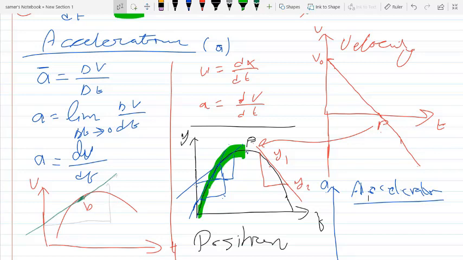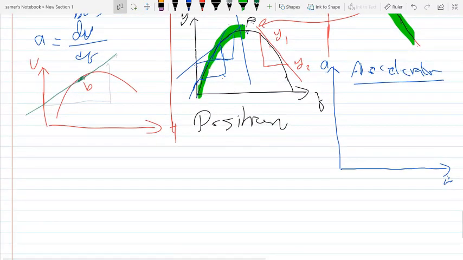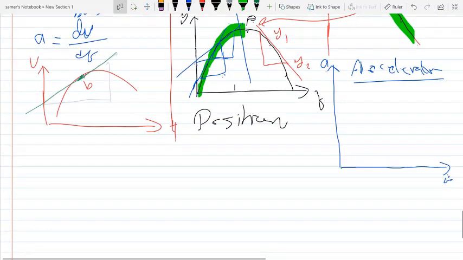So the graph of the acceleration is constant, but we can see from the velocity graph that the slope of the graph is negative. So the graph is negative. So we can conclude that the graph of the acceleration is constant and negative.